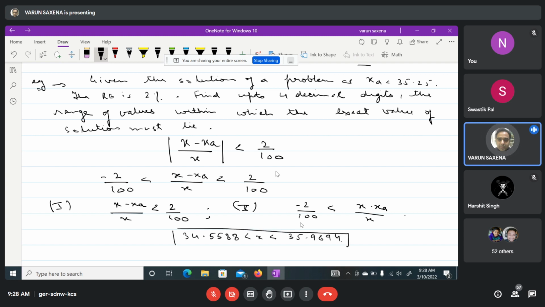So this is the range in which x will lie. Okay. So this is another example that you could do.